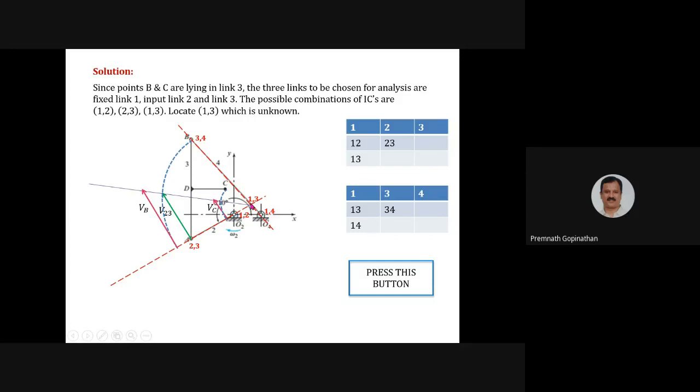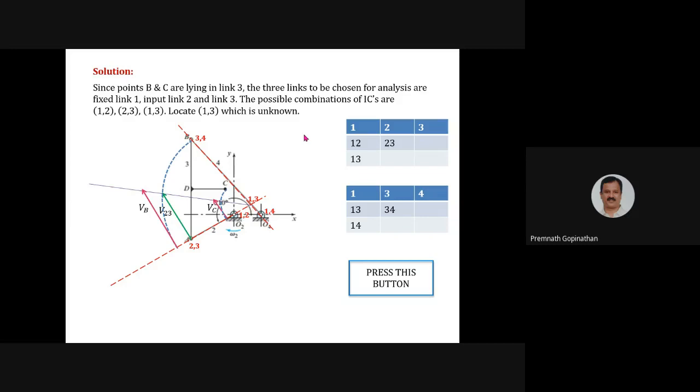Here, if I take VB, you take the magnitude of the vector and divide it by the distance 3, 4, 1, 3. That is the distance from point B to 1, 3, and you divide the velocity by that distance. You'll get omega 3.